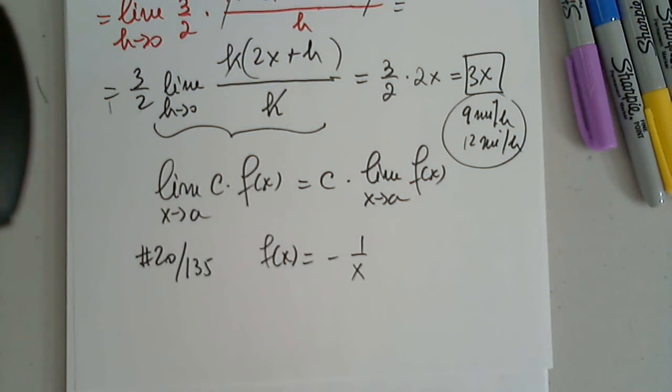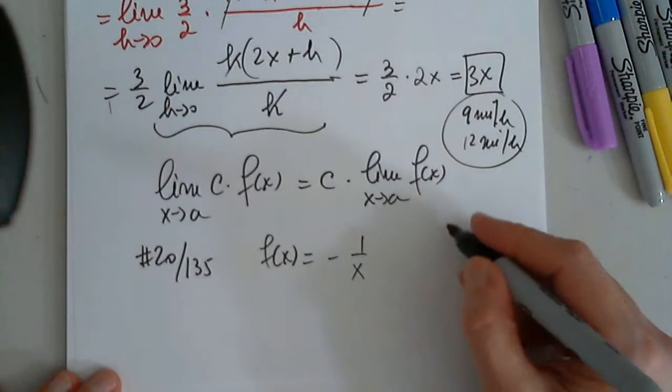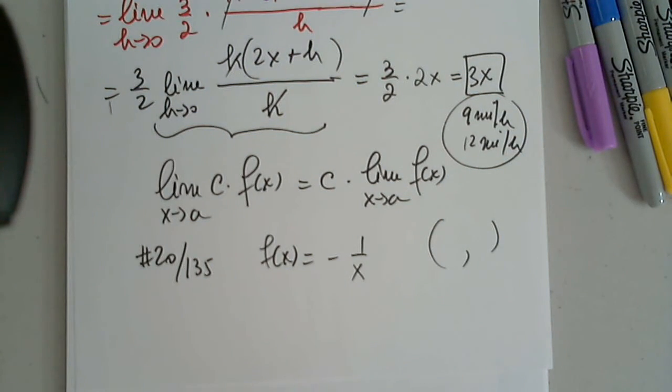And they are asking us to find the equation of the tangent line to the graph of that function at 3 different points. Please choose one point. We're not going to do it 3 times. We're going to do it once slowly, and then you can do it again for the others. Choose any point for 20. Negative 1, 1, 2, negative 1 half, or negative 5, 1/5. It doesn't matter. We do b, 2, negative 1 half. That's it.